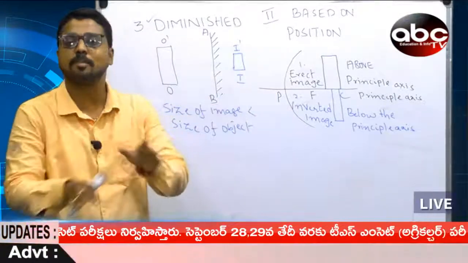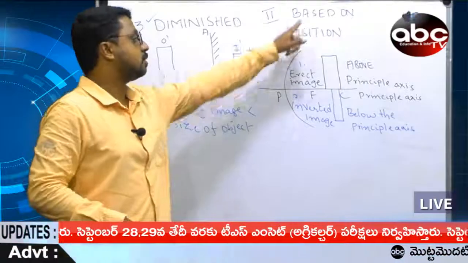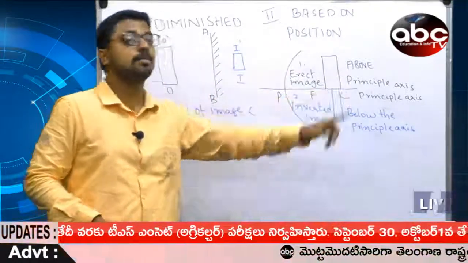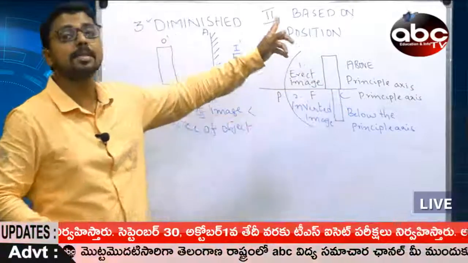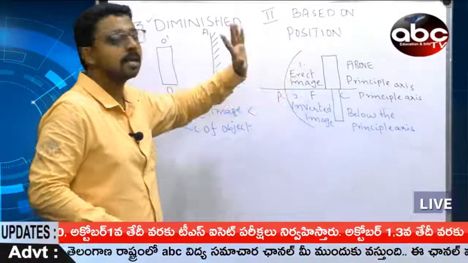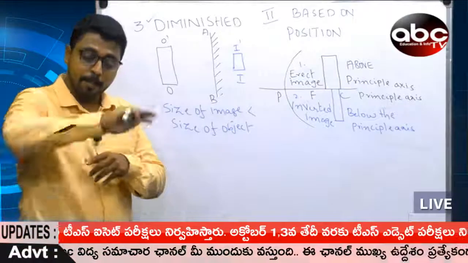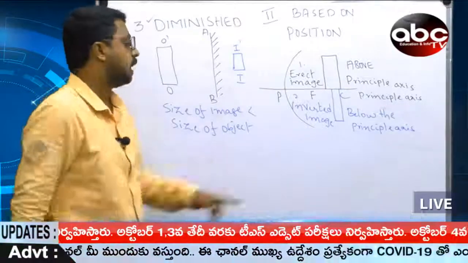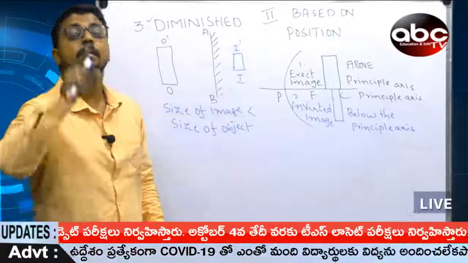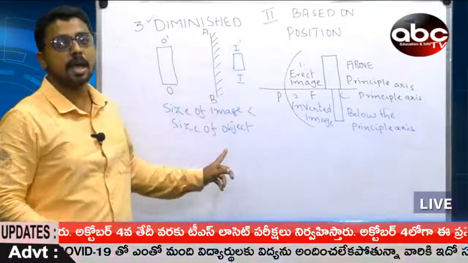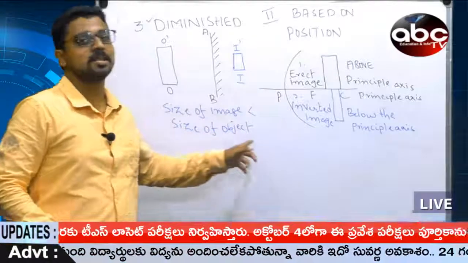Here also the same concept, my dear friends. Based on position, we have two types of images. If the image is obtained above the principal axis, it is an erect image. If the image is obtained below the principal axis, it is an inverted image. This is most important, because while drawing ray diagrams, all these characteristics must come.